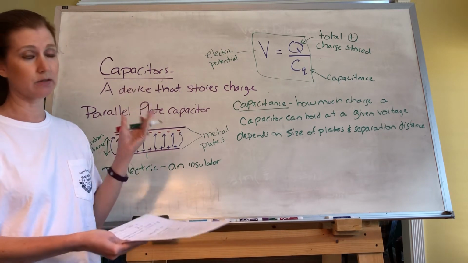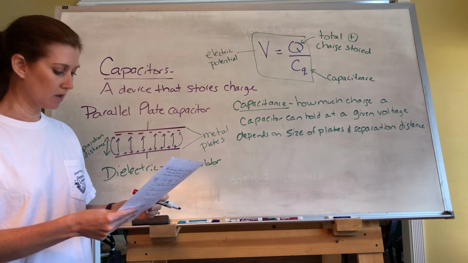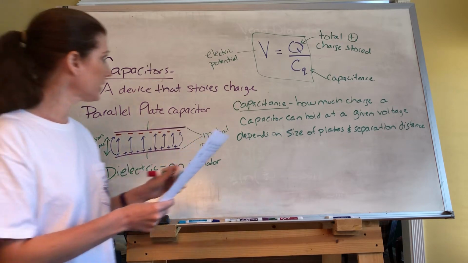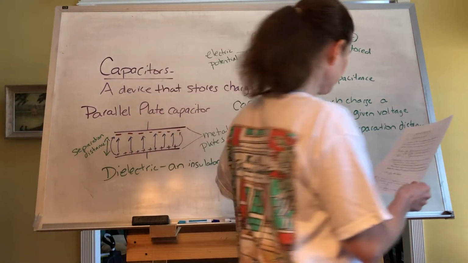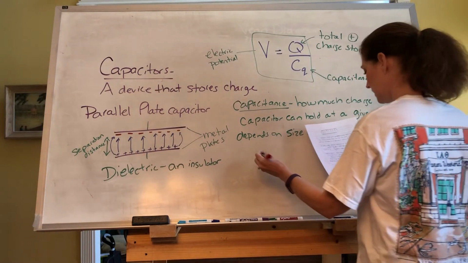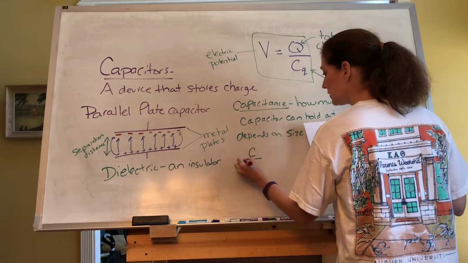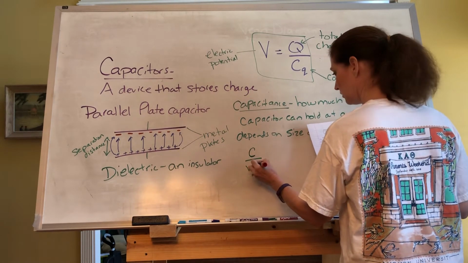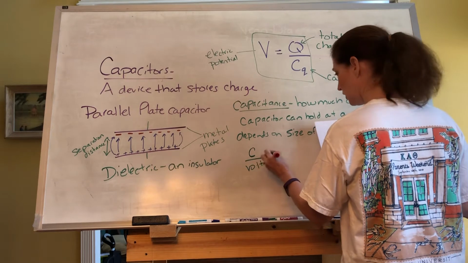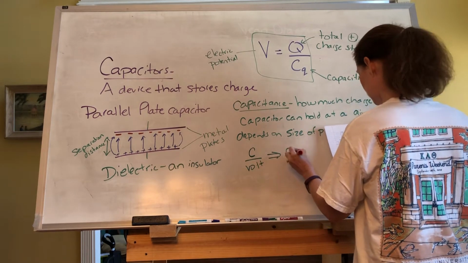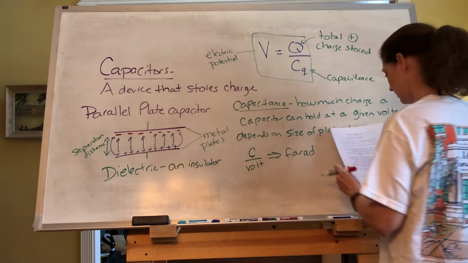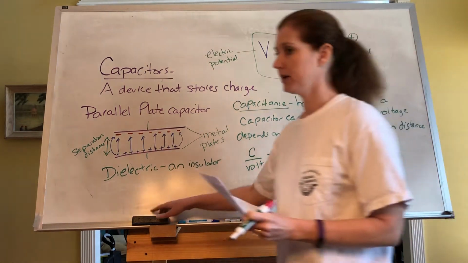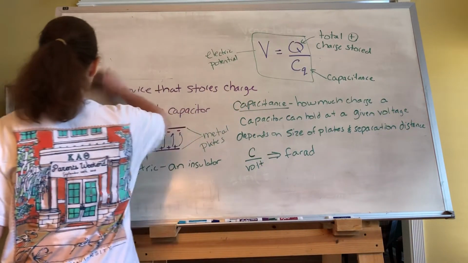Bigger distance, it's going to weaken it. All right, so the units of capacitance is coulombs per volt, and that is also known as a farad. Okay. All right, so we're going to do an example.